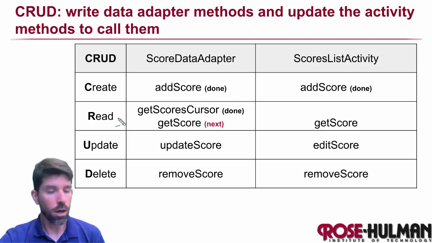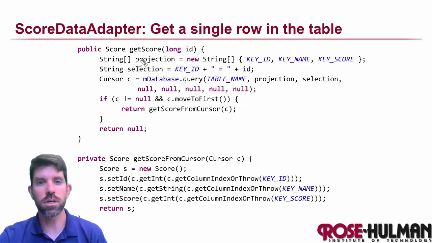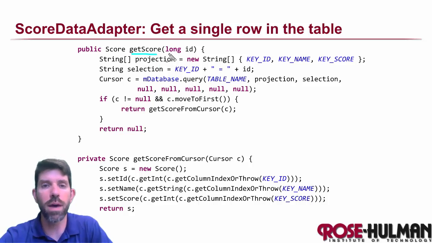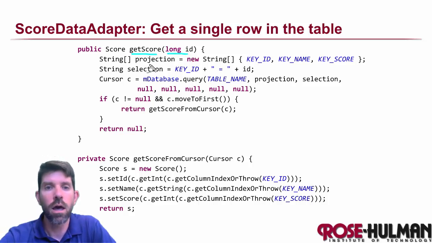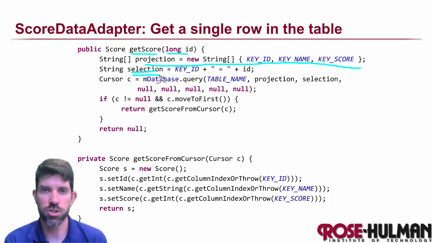All right, so what's this going to be? getScore is going to look familiar. We're going to be passed in an ID. And from this, we're going to ask for a projection, so which columns do we want, and we'll take all of them. But here we also have to give it a selection, which is new.